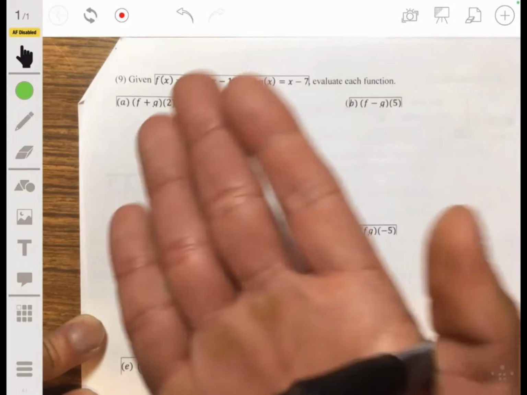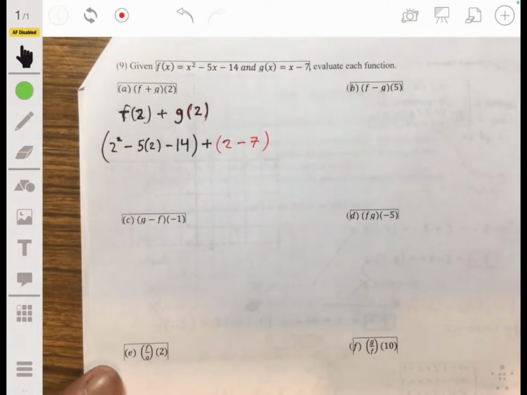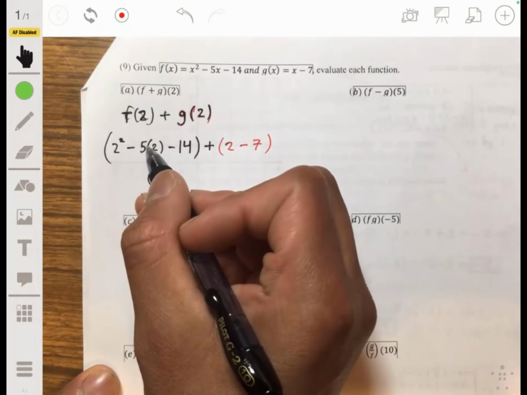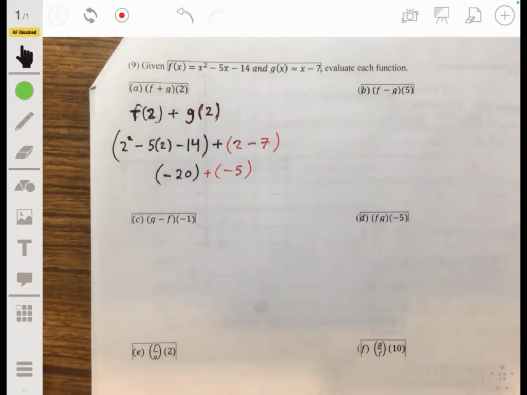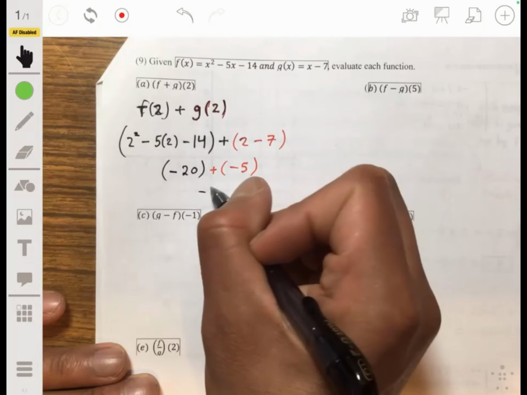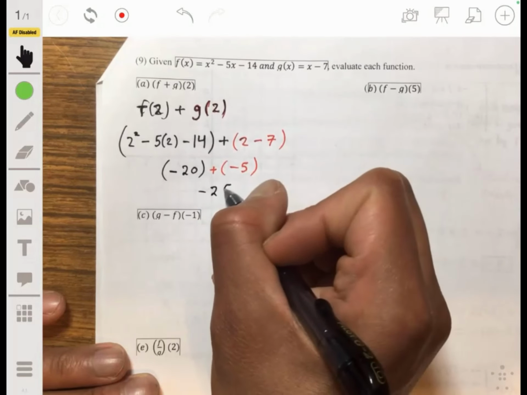So plugging 2 into there. And then evaluating this, 4 minus 10, negative 6, minus 14, negative 20, plus negative 5. And so our answer is negative 25.